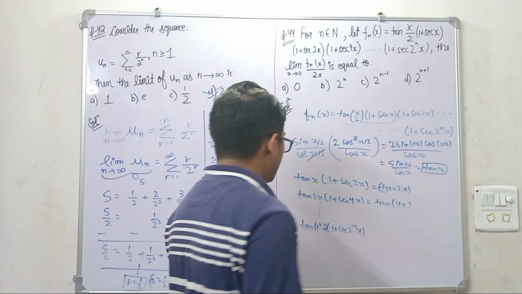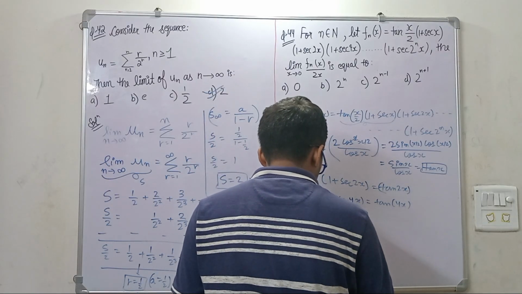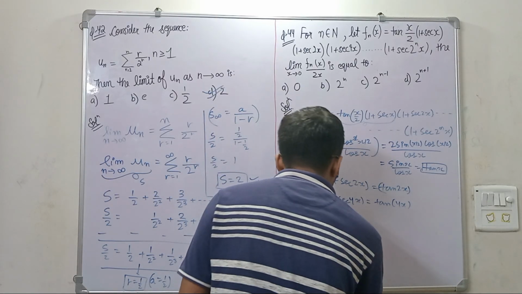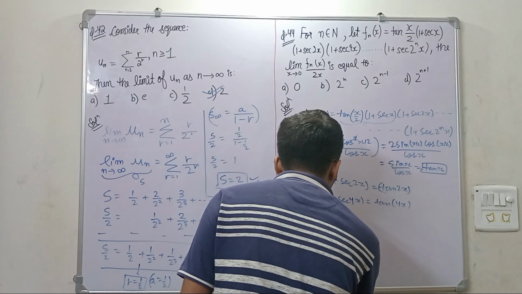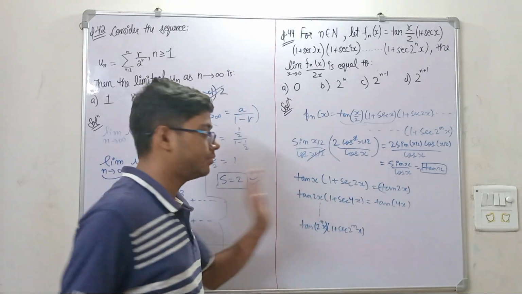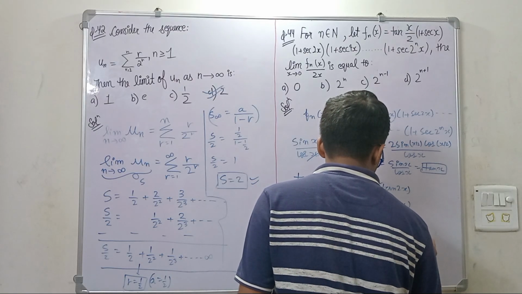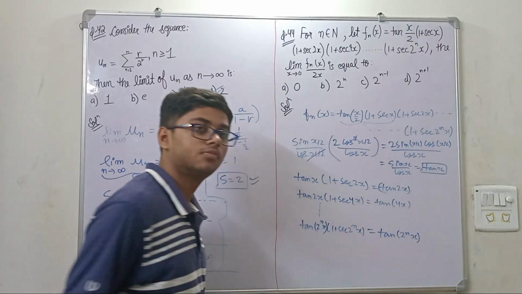Okay, now if you take the last term, this will be tan 2 to the power n x.